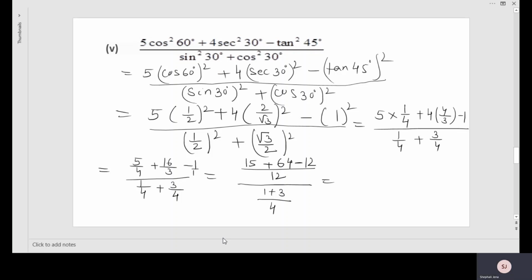So 15 plus 64 minus 12, what is the calculation? It is 67, no? Because 15 minus 12 is 3, and 3 plus 64 is 67, divided by 12, whole divided by 4 by 4. So 4 got cancelled, that is 1. The answer is 67 divided by 12.